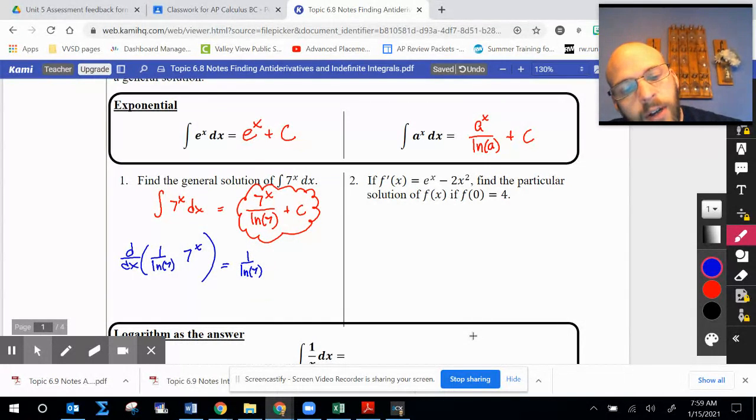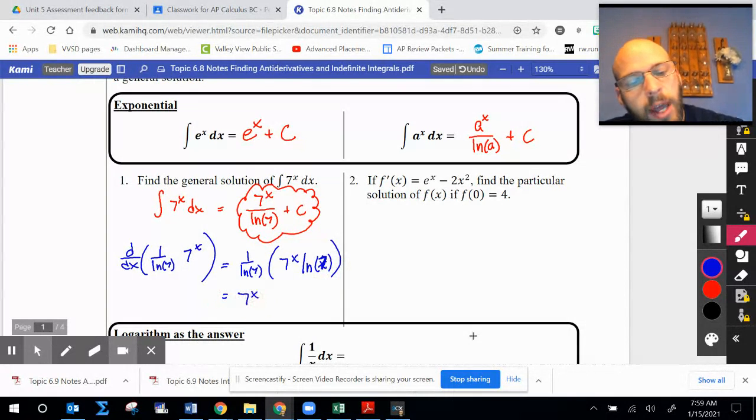And the derivative of 7 to the x is 7 to the x times the ln of 7. If you reduce this, you get back to 7 to the x power. So if you ever want to check your answers, you can always take the derivative and we can get back to where we need to be.